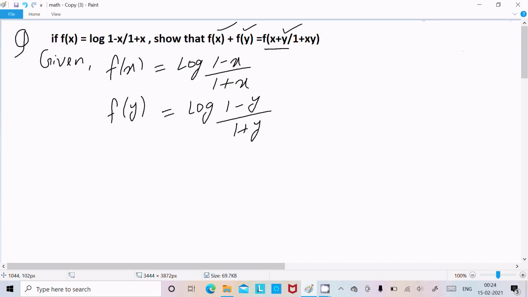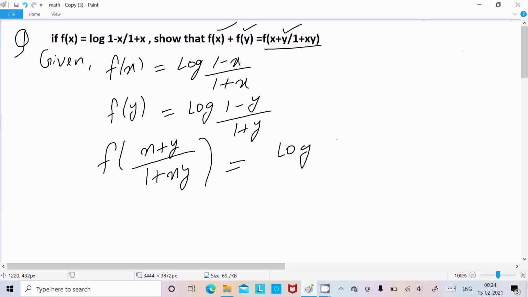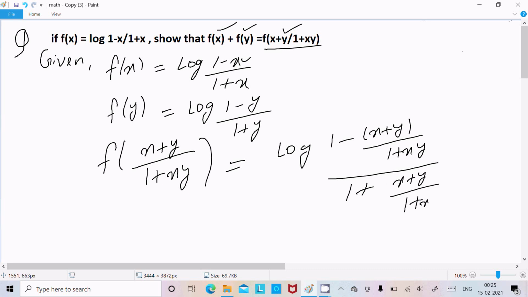Next I'm going to calculate f((x + y)/(1 + xy)). So here we need to write log, and in place of x we need to put (x + y)/(1 + xy), so log((1 - (x + y)/(1 + xy))/(1 + (x + y)/(1 + xy))).